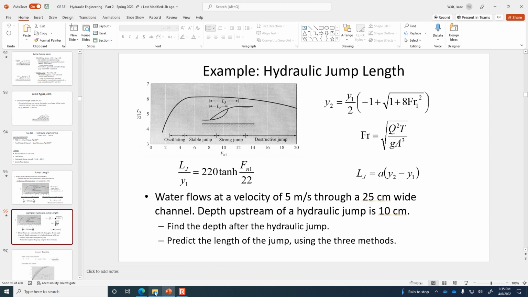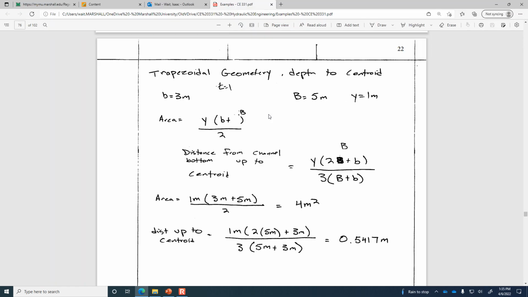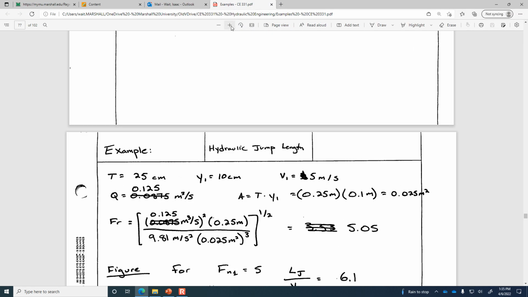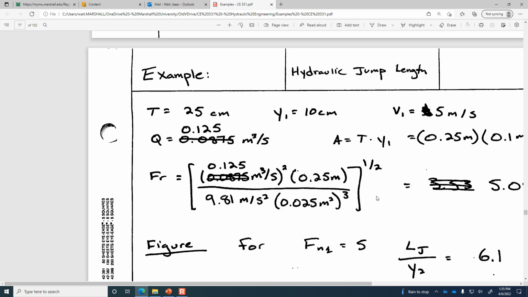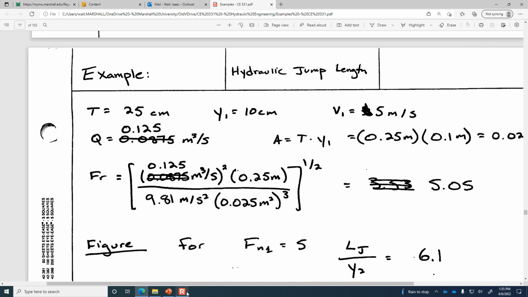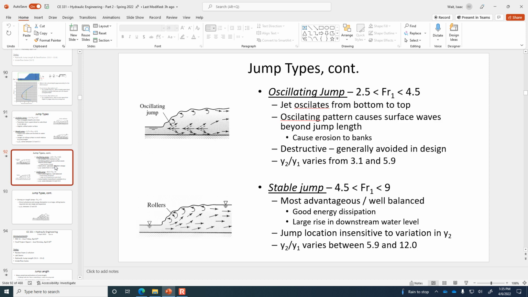Let me just show you on screen these calculations so far. Our Froude number is 5.05, and if we go to the classification of different hydraulic jump types, this is in the range of a stable jump.